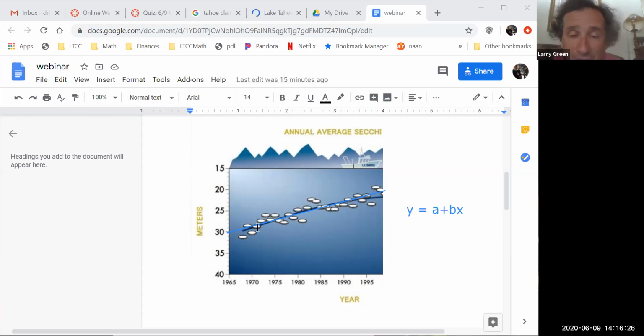What's the cause of this decline in lake clarity? Is the cause the fact that time went by between 1965 and 1995? No, the cause is us. Okay, it's all the cars we're driving, it's the pollution, it's the rerouting of creeks, it's all that kind of stuff, and that stuff we can do something about.